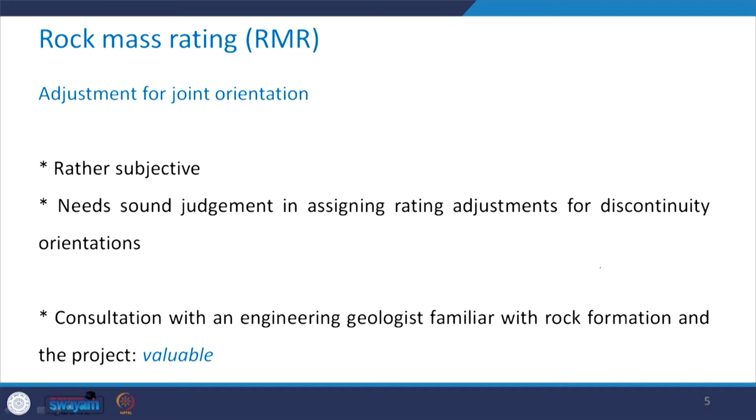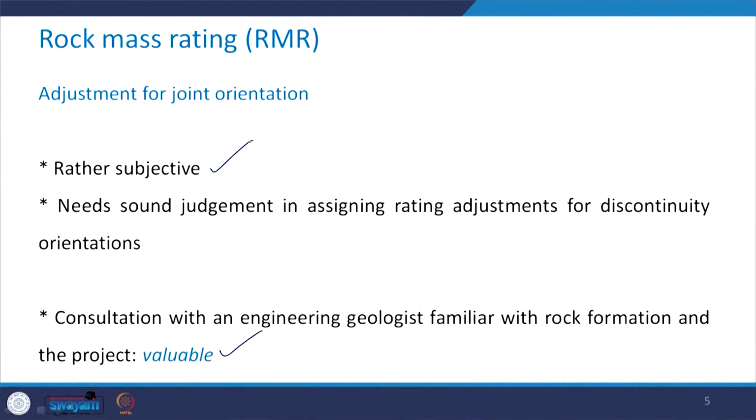So therefore, this joint orientation adjustment needs sound judgment in assigning the rating for the discontinuity orientation, and this should be done in consultation with an engineering geologist who is familiar with the rock formation and the project. So his advice would be really valuable in such cases, because these ratings are quite subjective in nature.